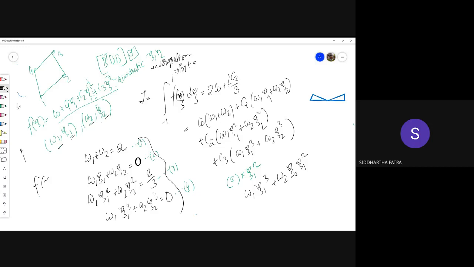If I subtract equation 4 from it, the w1 xi1 cube terms cancel out, so w2 times xi2 times (xi1 squared minus xi2 squared) equals 0.